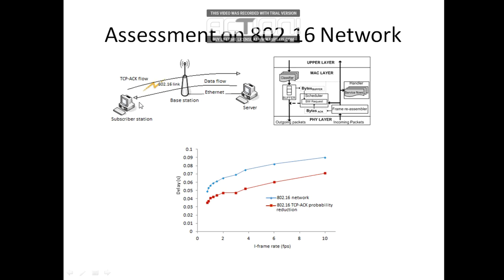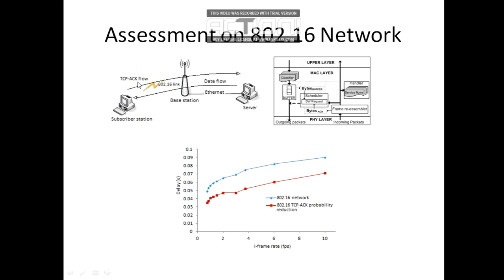Every data flow to the subscriber station should be acknowledged by the subscriber station using TCP-ACK. So the server should receive TCP-ACK before sending the next data. The faster the TCP-ACK arrives at the server, the faster the next data is sent to the subscriber station.